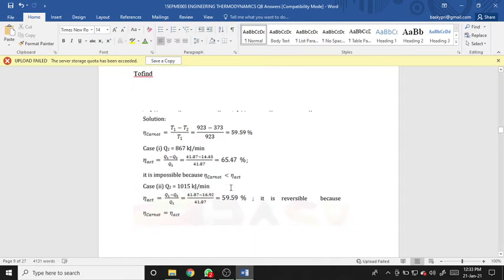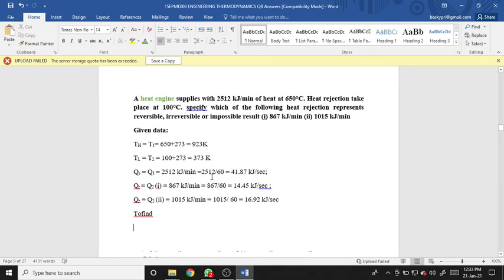Then after finding both efficiencies, we are going to compare the Carnot and the actual, and we need to state whether the heat rejection is a reversible process, an irreversible process, or impossible.